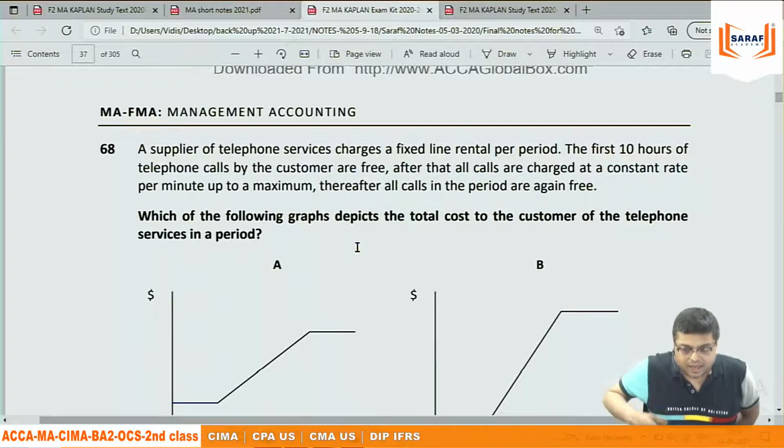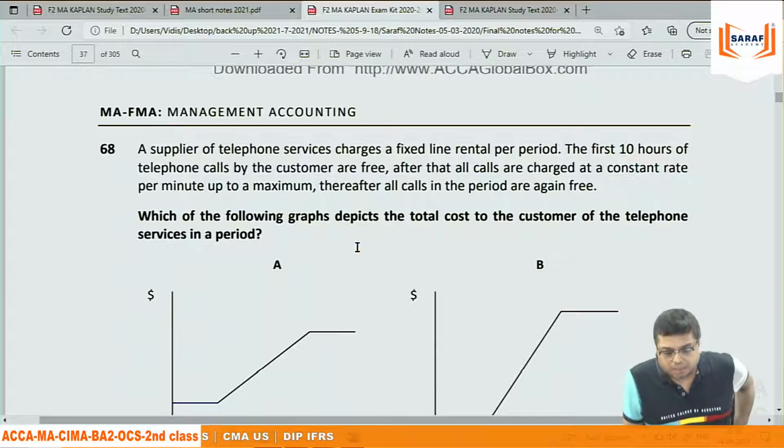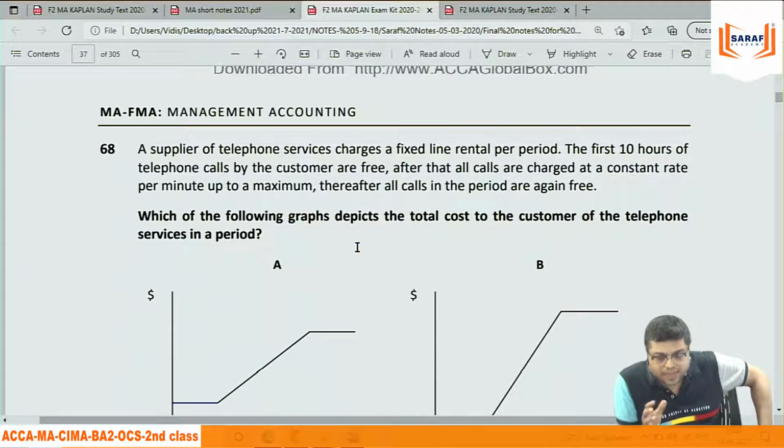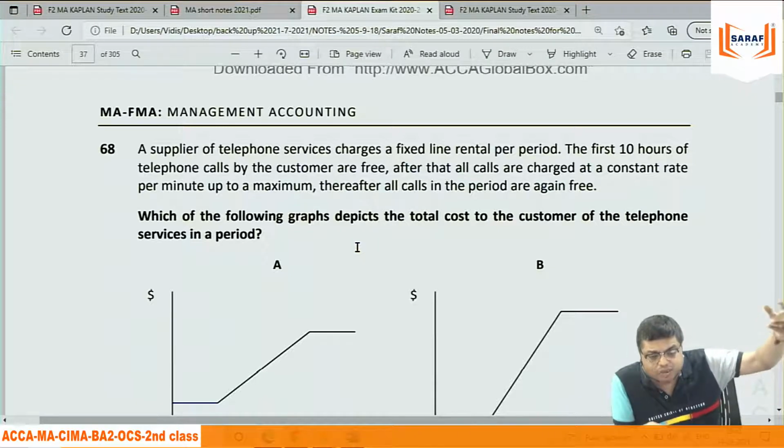Suppose I say that I am using Vodafone. My monthly rental is 900. In 900, suppose they have said that 500 calls are free. For 500 calls I can talk, 900 will come. But if I am talking for more than 500 calls, then per call they will be charging say 20 paise, up till 1000.